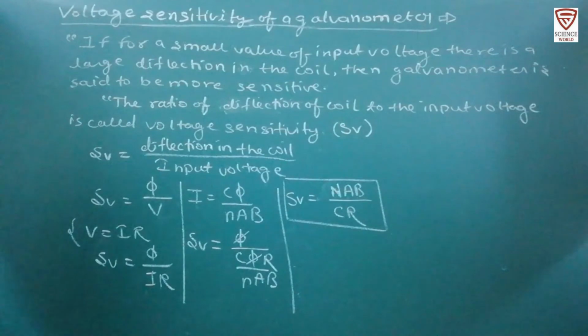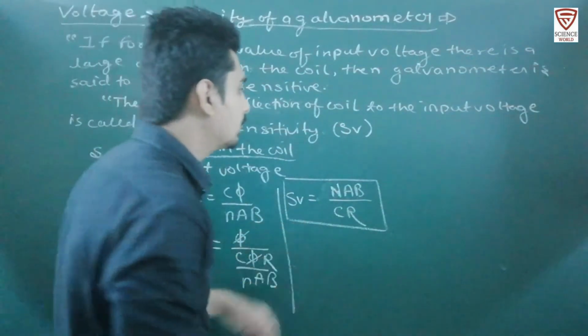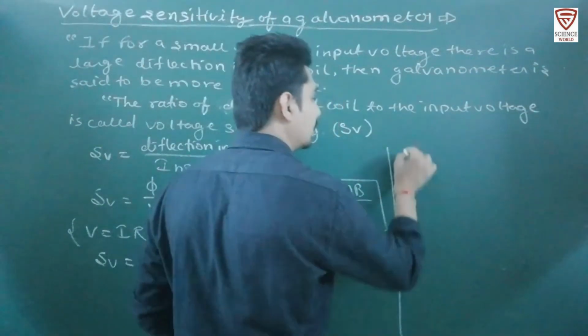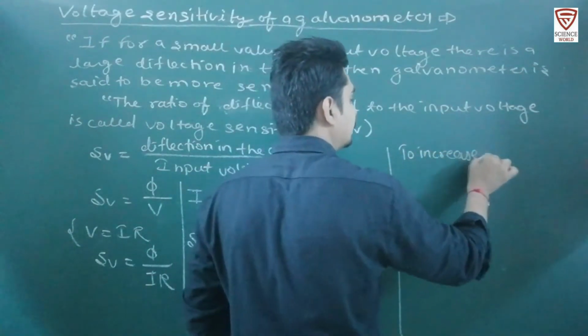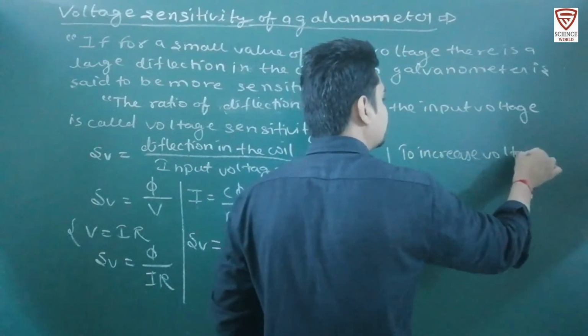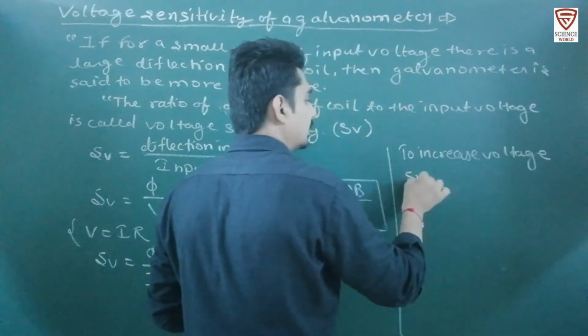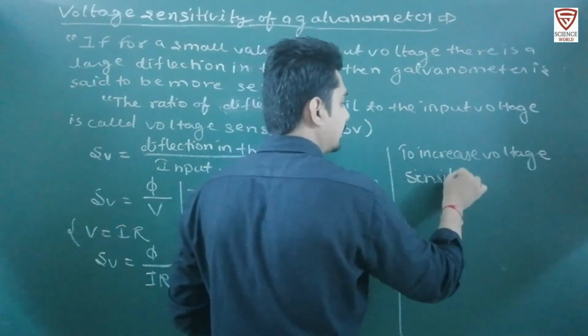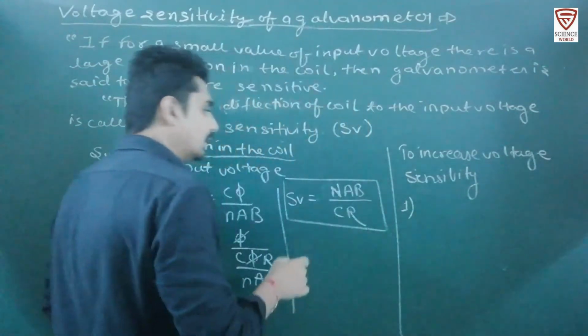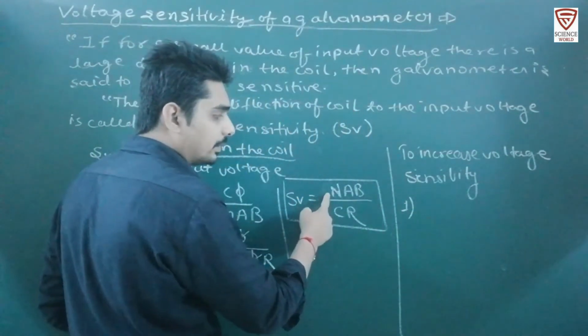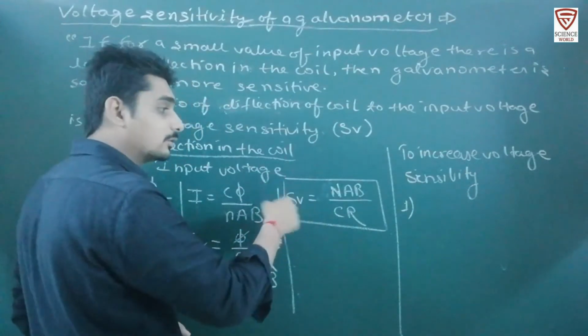So how can we increase the sensitivity of galvanometer? To increase voltage sensitivity, number first: if number of turns in the coil will be more, sensitiveness will also be more.